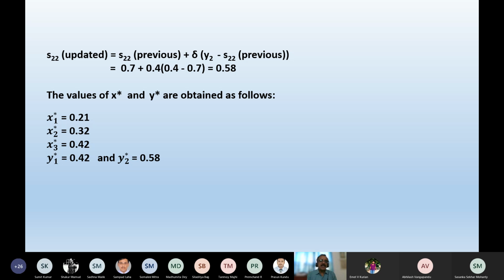In fact, we implemented it to model some manufacturing processes a few years ago, and we could get very good results using CPNN also. So this is the working principle of CPNN, and I hope you got the idea how to use the CPNN, that is the counter propagation neural network, to model the input output relationship.